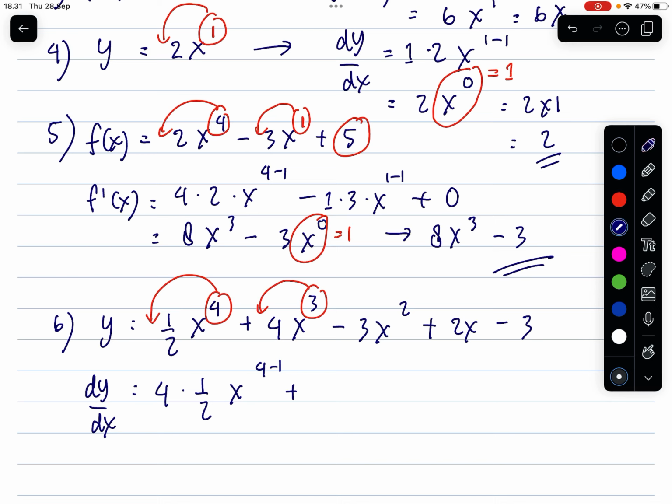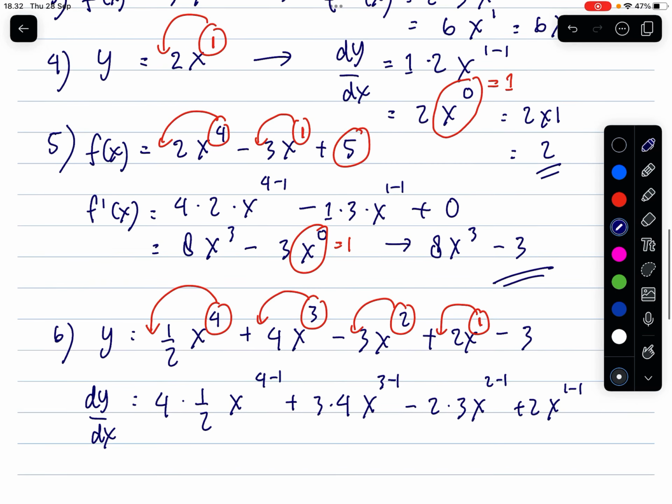So I have plus 3 dot 4 x 3 minus 1. 2 to the front. So I have minus 2 dot 3 x 2 minus 1. Okay, this is a 1 here. Move to the front. So 1 times 2. 1 times 2 is just a 2. So plus 2x 1 minus 1. And then the 3 is just 0, so I don't have to write it down.